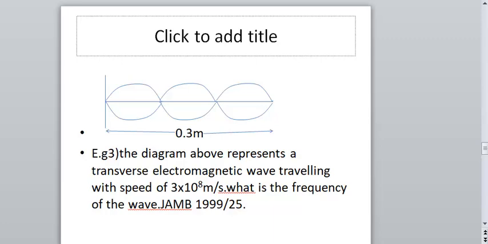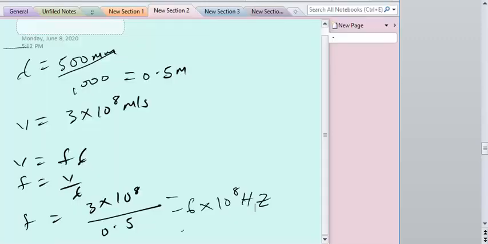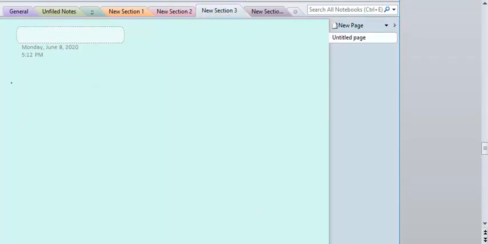One cycle is going to be 0.3 divided by 3. So our wavelength will be 0.3 divided by 3, which is going to be 0.1 meter.